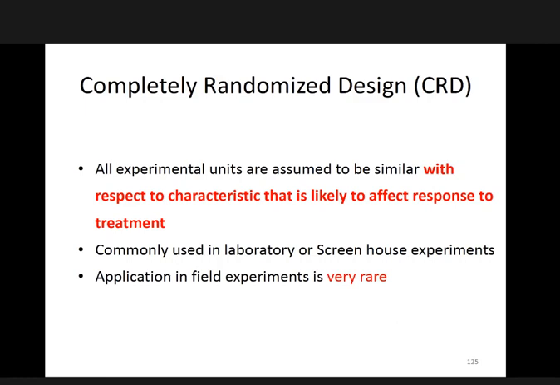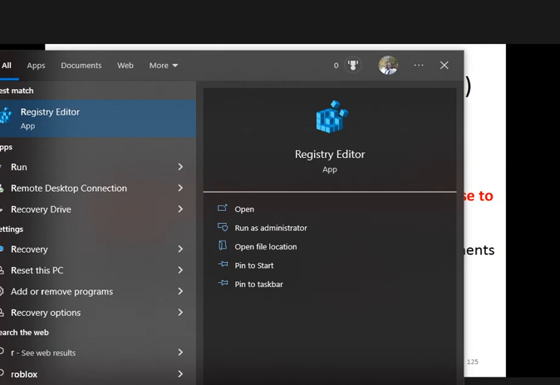This is the type of experimental design used very frequently in the laboratory or in screenhouse experiments. In most cases, like in agriculture, using it in the field is very rare. But for most of you who are in food science, this is the type of experimental design you like to use in the lab.